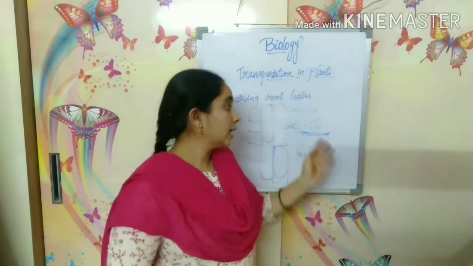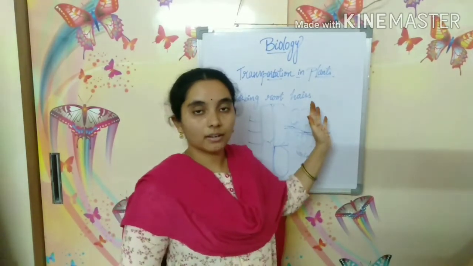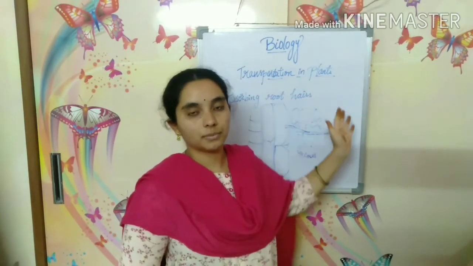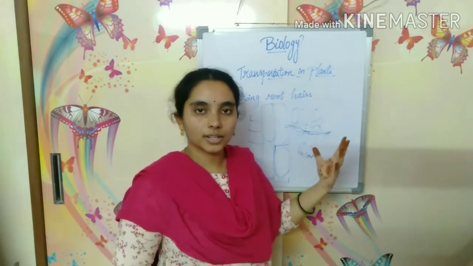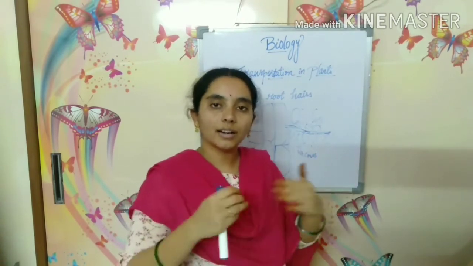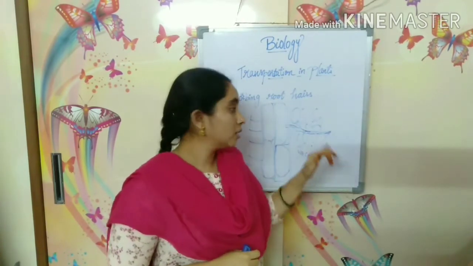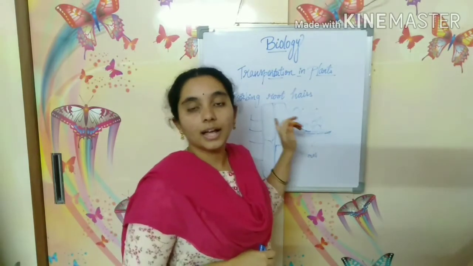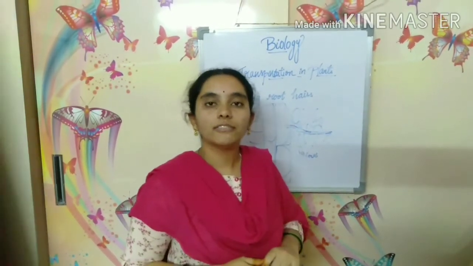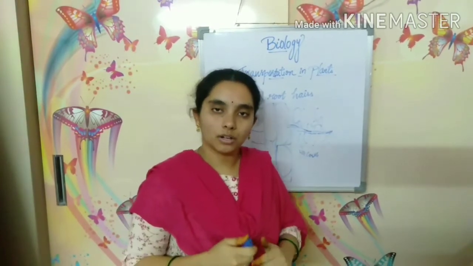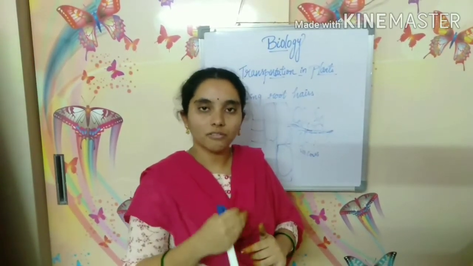That means in and around the soil particles, the water is in more concentration but the salts are in less concentration. But when you see root hairs and other cells of plants, these have more salts but less water.